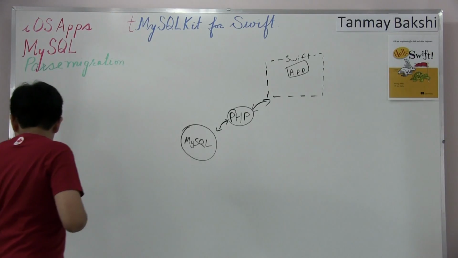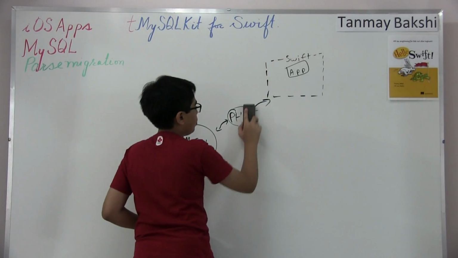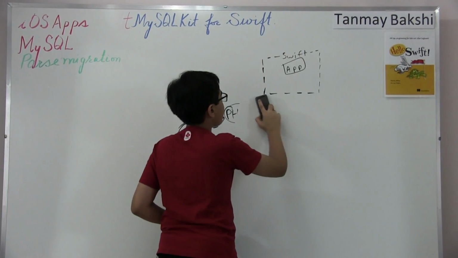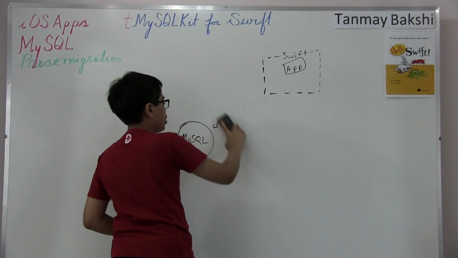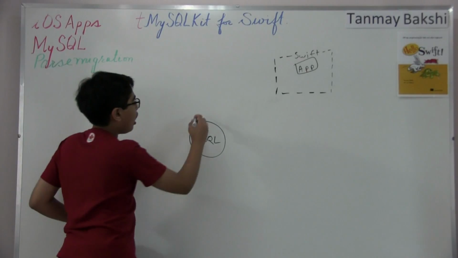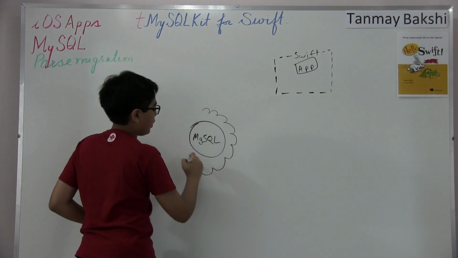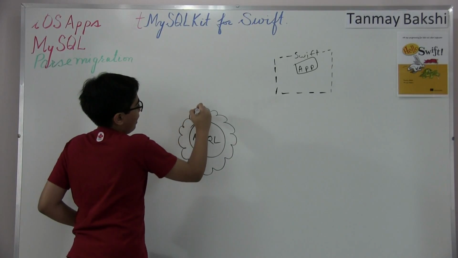Essentially, what tMySQLKit does is it erases this bridge between MySQL and Swift, and it replaces the bridge with a very convenient wrapper of PHP around MySQL. So, for example, I can just create a little wrapper here around MySQL.